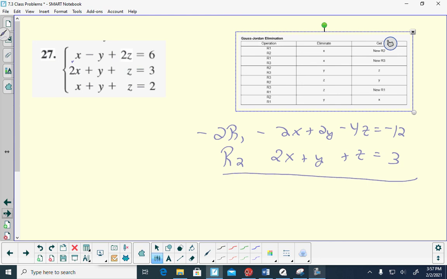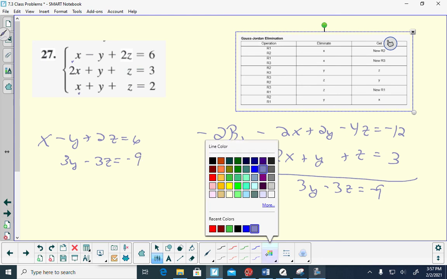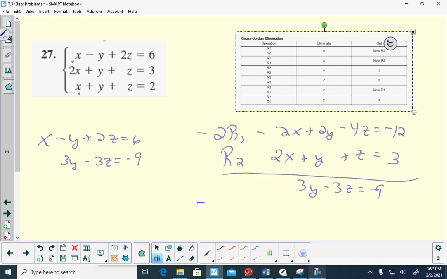So here I'm adding these two, and when I add these two, I get 3y minus 3z is equal to negative 9. So row 1 has not changed, exactly the same. Row 2, I'm writing down like this. Now I'm going to try and eliminate this x here, so I'm just going to take a negative 1 times my row 1.